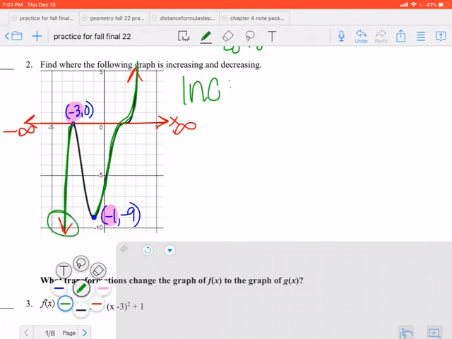It looks like it's going just down, but it's going out, out, out. So on our x-axis, it's going from -infinity to -3. And then for our other one, I could do the union symbol, or I could just put a comma. But we write these in interval notation.